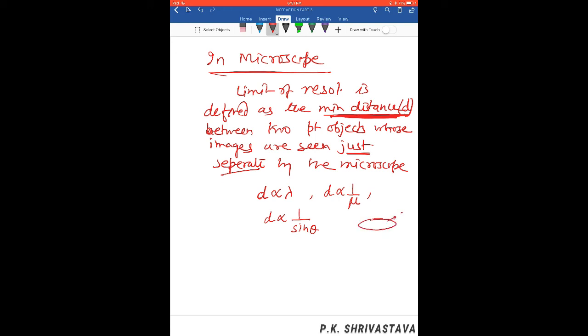This is objective lens of microscope and this is our point object. So light from point object when falls on this objective lens of the microscope, this is called cone of light. This is half angle theta, here also theta.